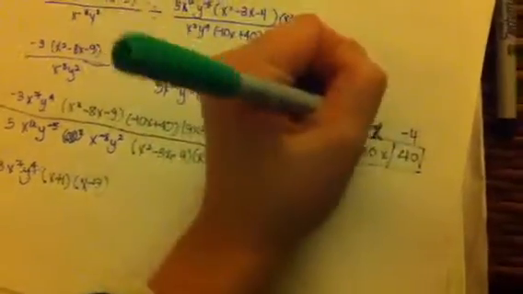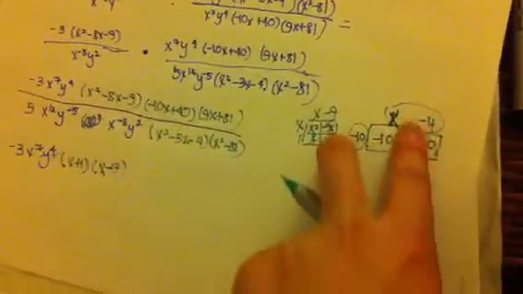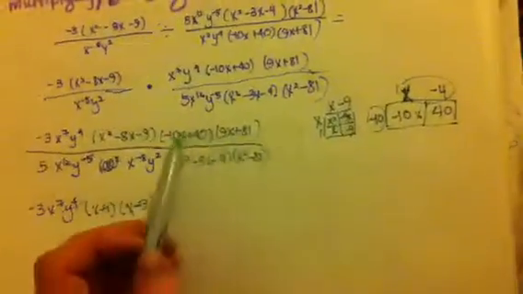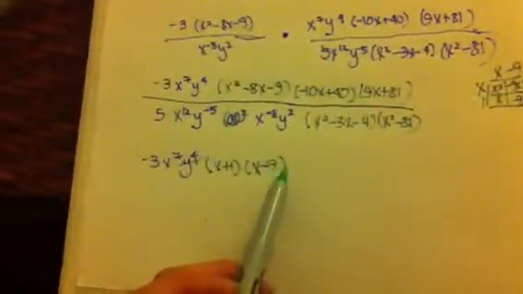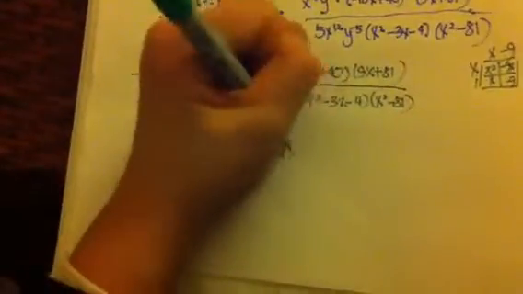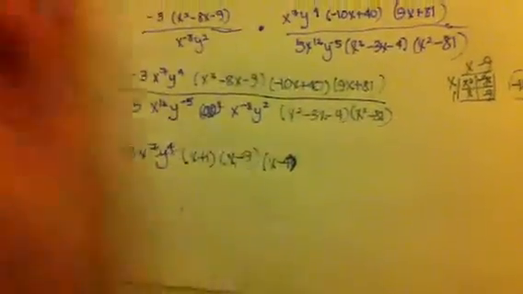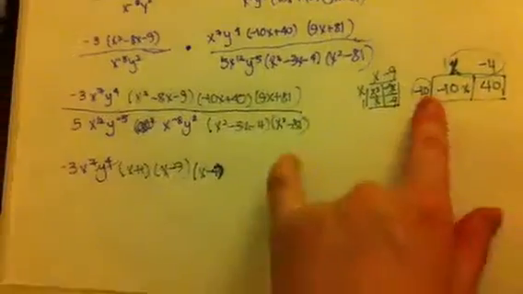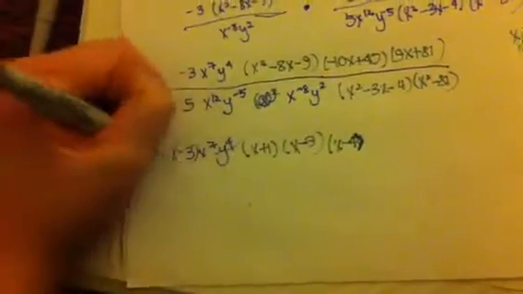Negative 4. So here are our two factors. Again, the outside of the box are always the factors for the sum of the inside of the box. So instead of writing negative 10x plus 40, I take the factor on the outside, bring it over here, and put x minus 4. But there was a negative 10, so I'm going to write that in the front with the rest of the numbers so that it's nice and organized.